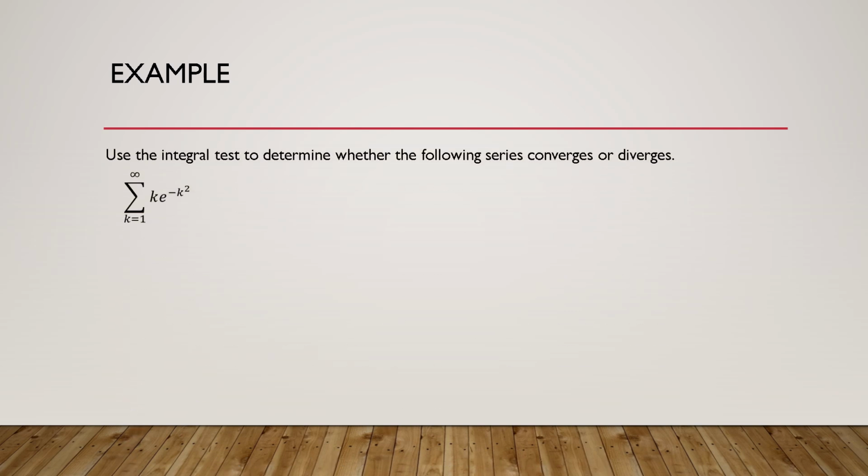As an example, let's use the integral test to determine whether the following series converges or diverges. The sum from k equals 1 to infinity of k times e to the negative k squared. The function f of x is equal to x times e to the negative x squared, is defined on the interval 1 to infinity and is continuous and positive.